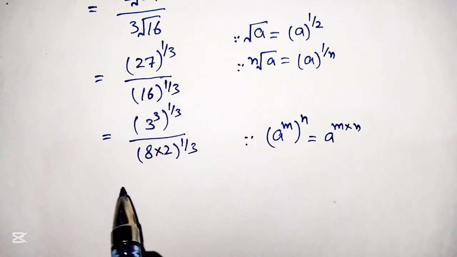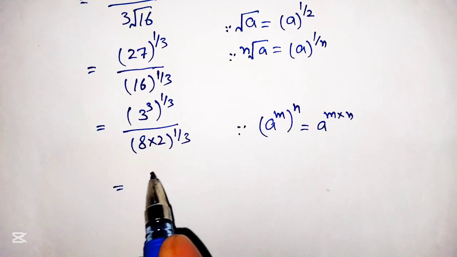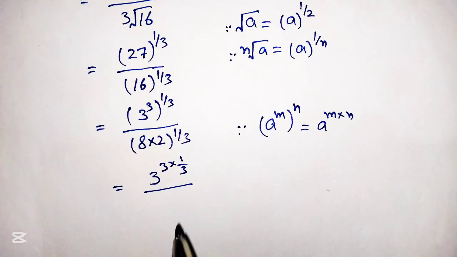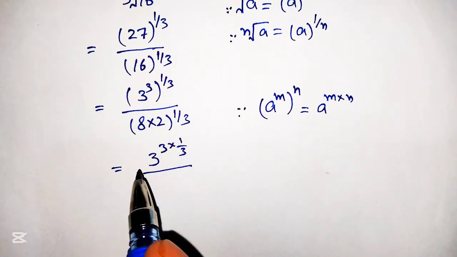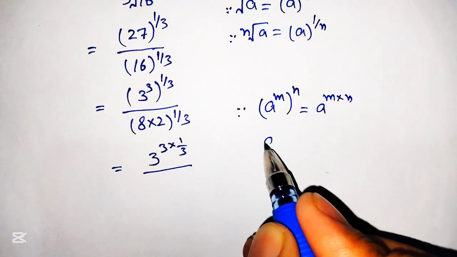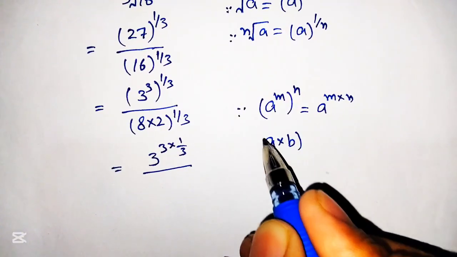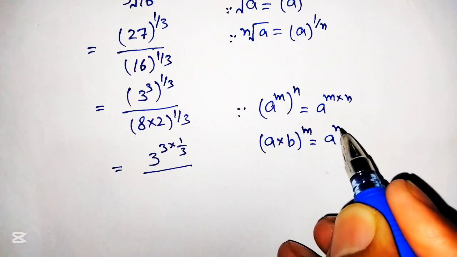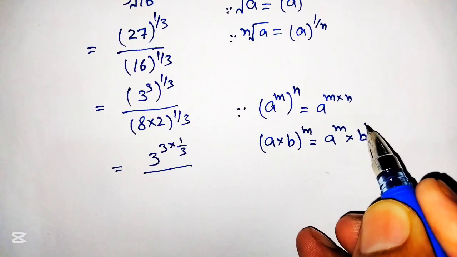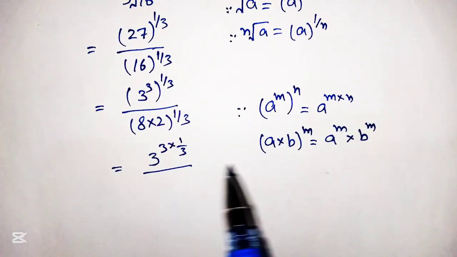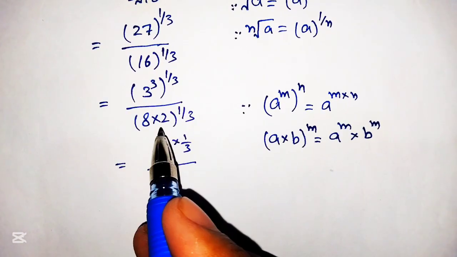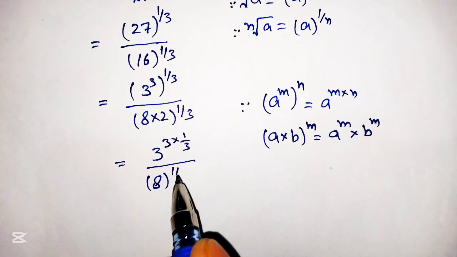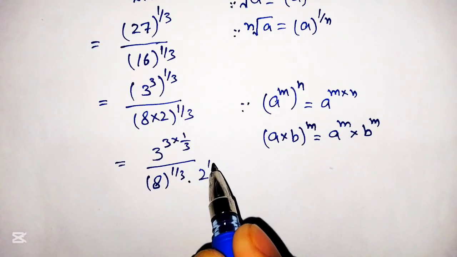So according to this formula we can write it as 3 raised to power 3 times 1 over 3, divided by, in the denominator, if we have a times b raised to power m, then we can write it as a raised to power m times b raised to power m, that is we can write the power separately. So in the denominator we will get 8 raised to power 1 over 3 times 2 raised to power 1 over 3.